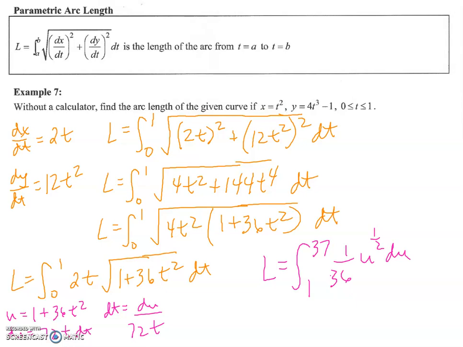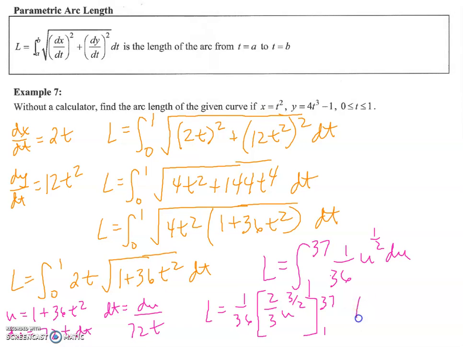Now when I integrate, we've got L is equal to, we still have 1 over 36, now integrating to 2/3 u to the 3/2. That needs to be evaluated from 1 to 37. By changing my a and b values, I don't have to sub back in my u.